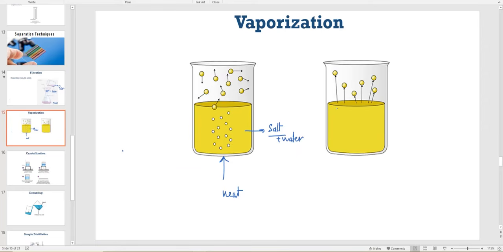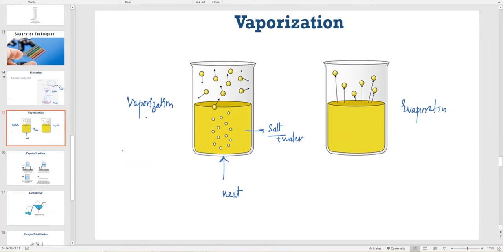This figure is different from the first figure. This is a figure for evaporation. This is vaporization. Many students confuse one with the other, but the truth of the matter is vaporization is different from evaporation, and evaporation is similarly different from vaporization.